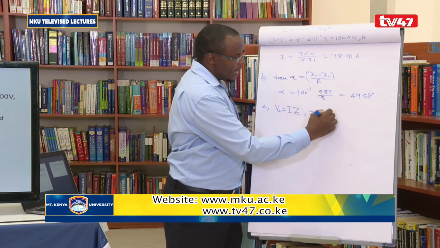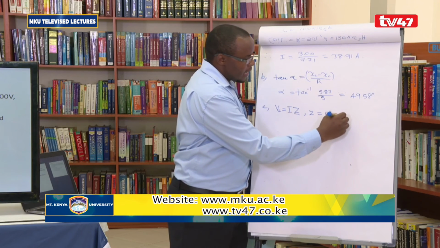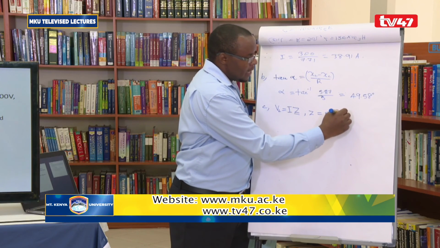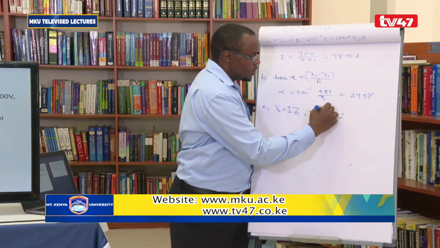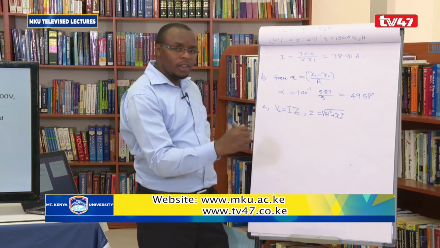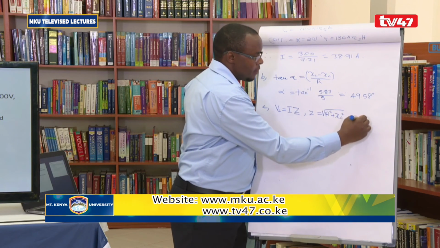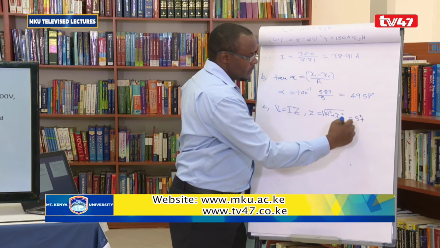So we are going to use this, and therefore our Z is going to be given by the square root of R squared plus the reactance of the inductor squared, because they are housed together. So this is going to be 5 squared plus XL.